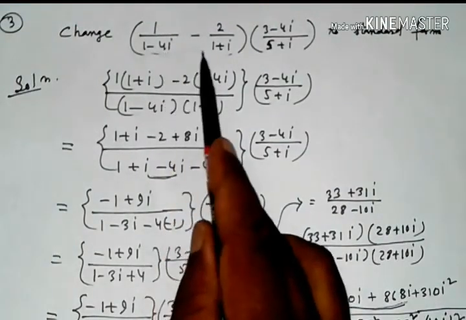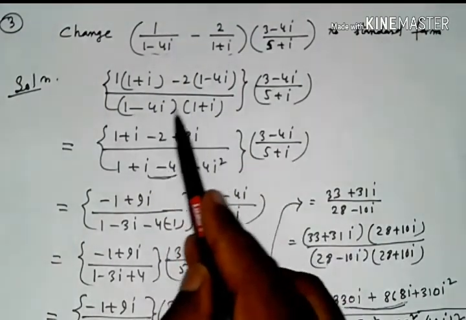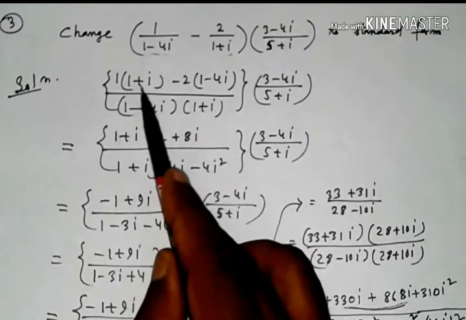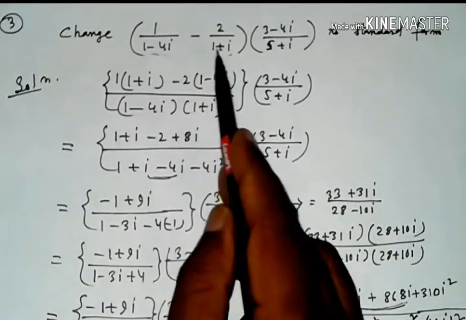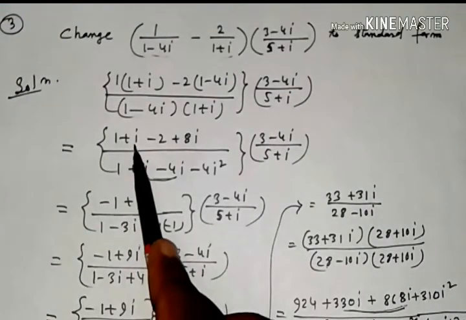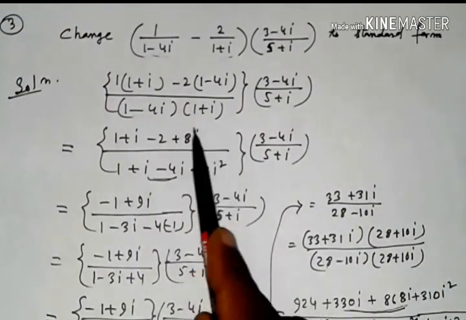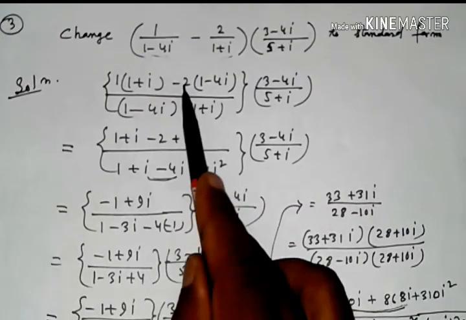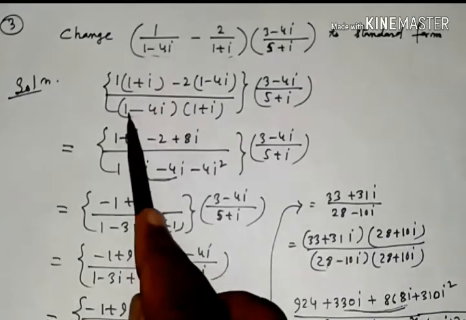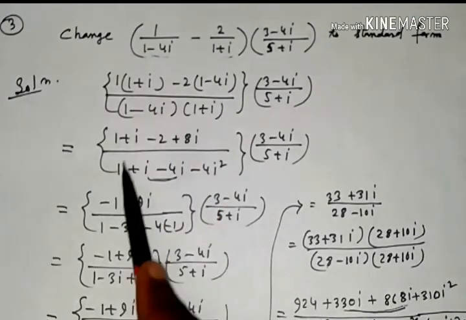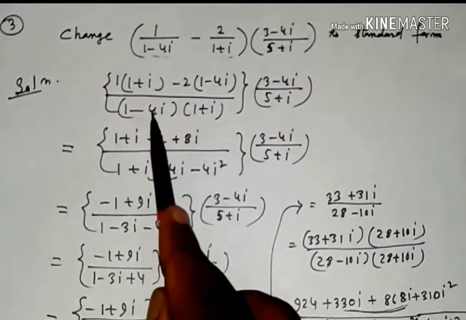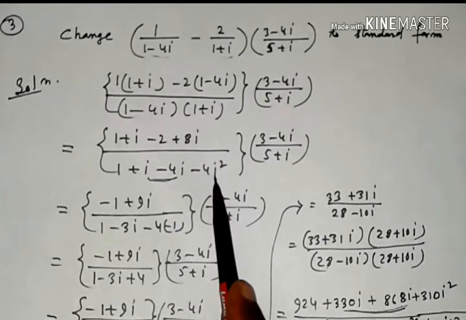Taking the LCM of (1 minus 4i) and (1 plus i), the numerator is 1 into (1 plus i) minus 2 into (1 minus 4i). Two into 1 is 2, minus 2 into minus 4i is plus 8i. Then (1 minus 4i) times (1 plus i): 1 into 1, 1 into i, minus 4i into 1, minus 4i into i, which is minus 4i square.